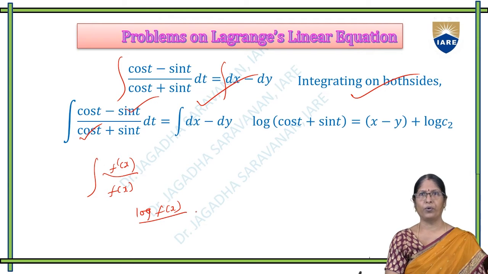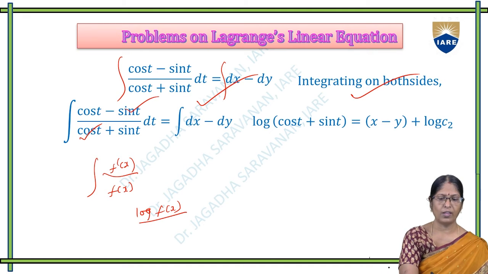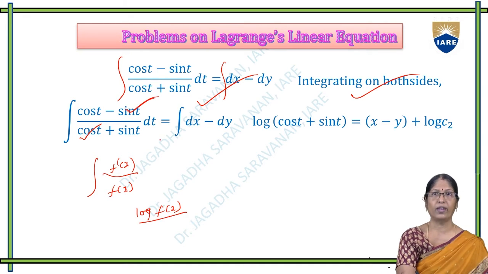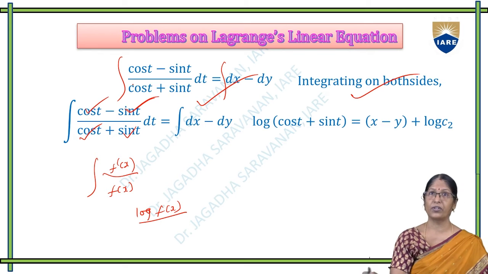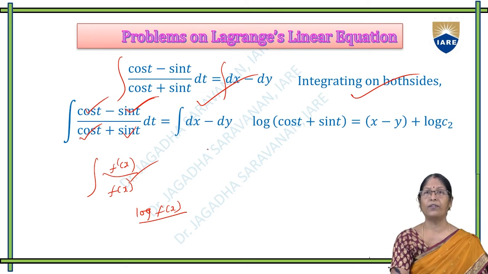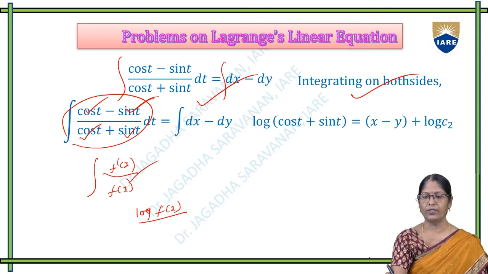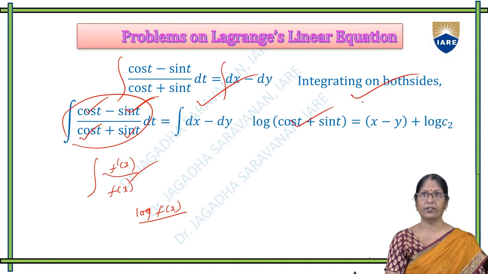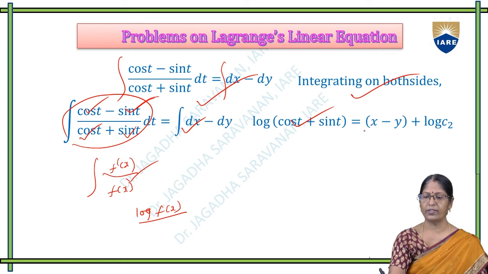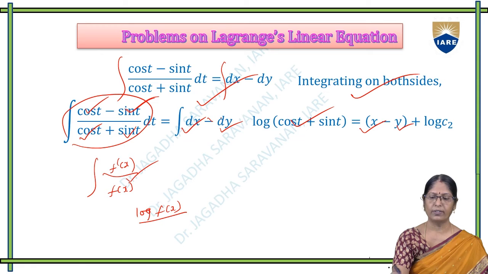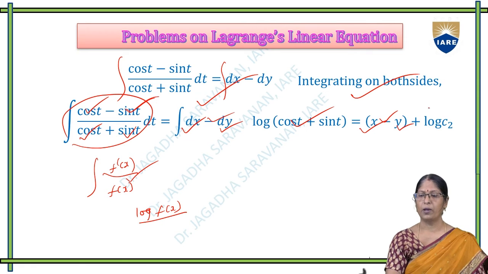That formula we are going to use. For that, we can check it. Cos t, the differentiation is minus sine. Sine t, the differentiation is cos t. Exactly it fits this formula. So after integration, this is the result we obtained. Dx integral is x, dy integral is y, minus is as it is minus, plus log C2.